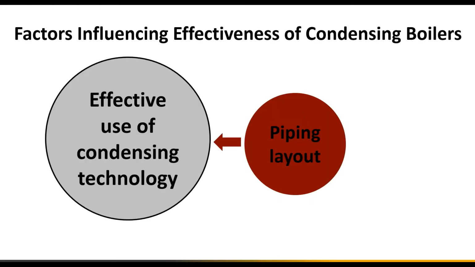Moving on next, I want to talk a little bit more about the details in terms of piping layouts and how we can use piping layout in high turndown, and some of the key things that we need to be watching out for in terms of water tube and fire tube, and how the different boiler technologies play into these piping arrangements.